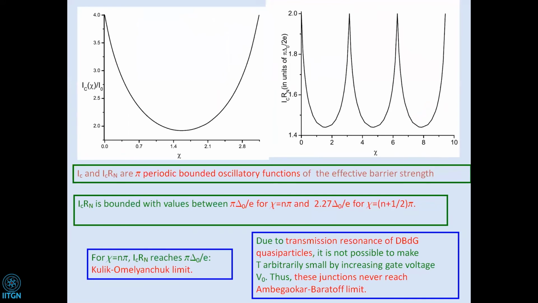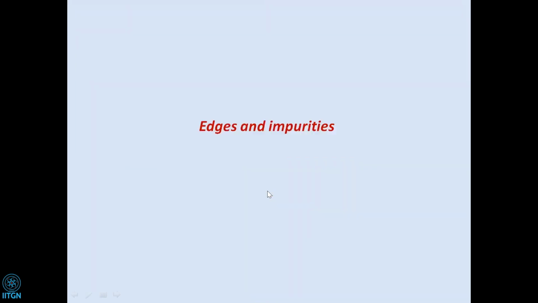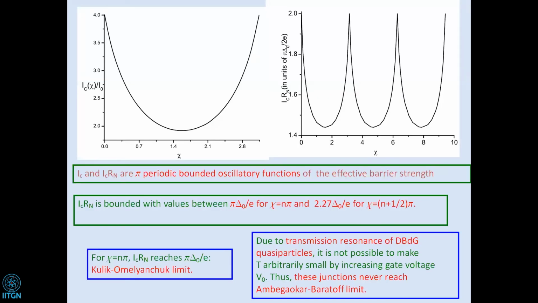I don't want to get into the details of this, but the point is that instead of having a monotonically decreasing critical current in these junctions, you are going to see an oscillatory one. That's the typical thing for this kind of Josephson junction, again different from standard metals. So this is what I wanted to tell about ballistic transport in this kind of materials.